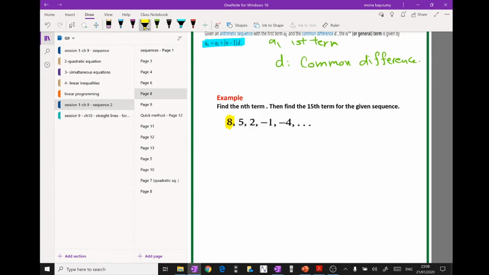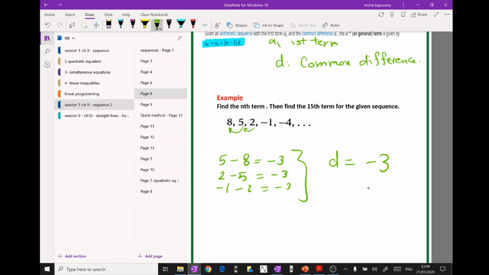To find d, we learned how to find the common difference just by subtracting the second minus the first term. 5 minus 8 is going to be negative 3. It is also 2 minus 5 is equal to negative 3. Negative 1 minus 2 is the same, negative 3. So the common difference, which is d, equals negative 3.